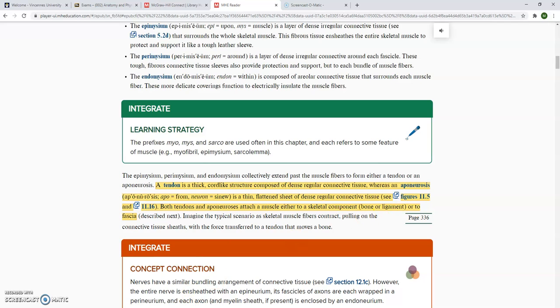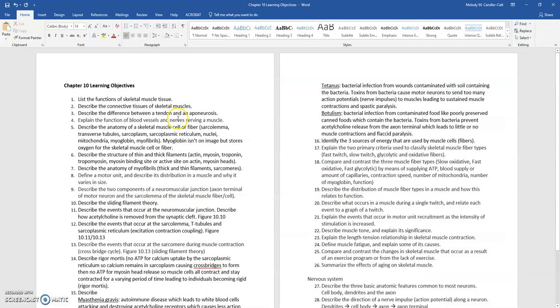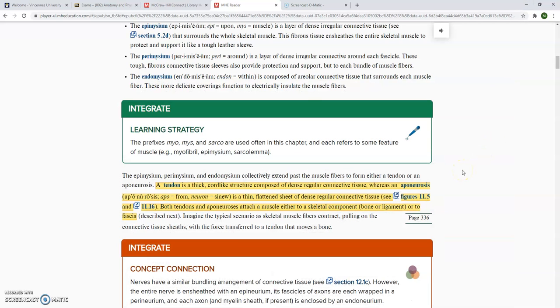In our next objective, we're going to talk about the function of blood vessels and nerves. You'll notice that we talk about blood vessels and nerves when we talk about all of our various organs. We talked about it with the skin, integumentary system, and the skeletal system, as well as the cartilage.